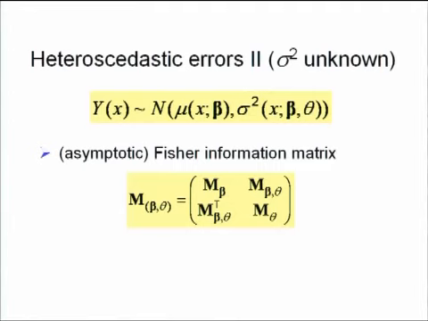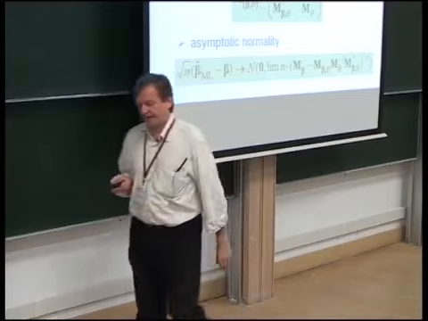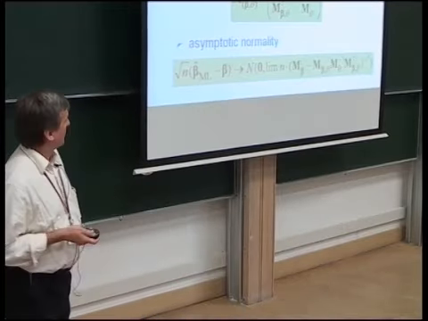And the unfortunate thing now is that the off-diagonal elements or blocks are not equal to 0. So we get additional terms in there, which means that the information matrix, if you look just at the location parameters, gets a slightly more complicated form. So we have to subtract something.